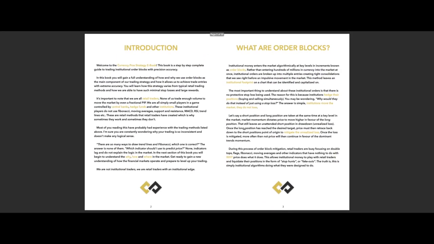Now, before we dive into the examples on the ebook, I just want to quickly go over what order blocks are. All right, so an order block is basically the last point in time before institutional money enters the market. So let's go over this briefly. Institutional money enters the market algorithmically at key levels in increments known as order blocks.